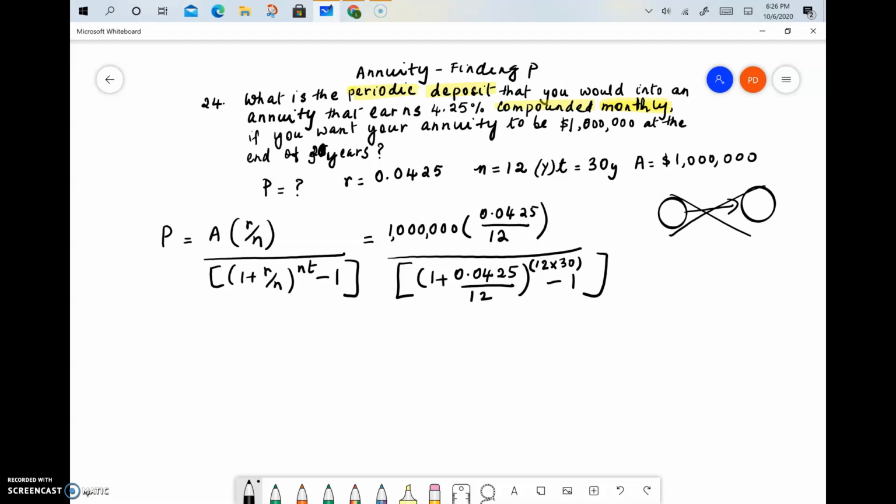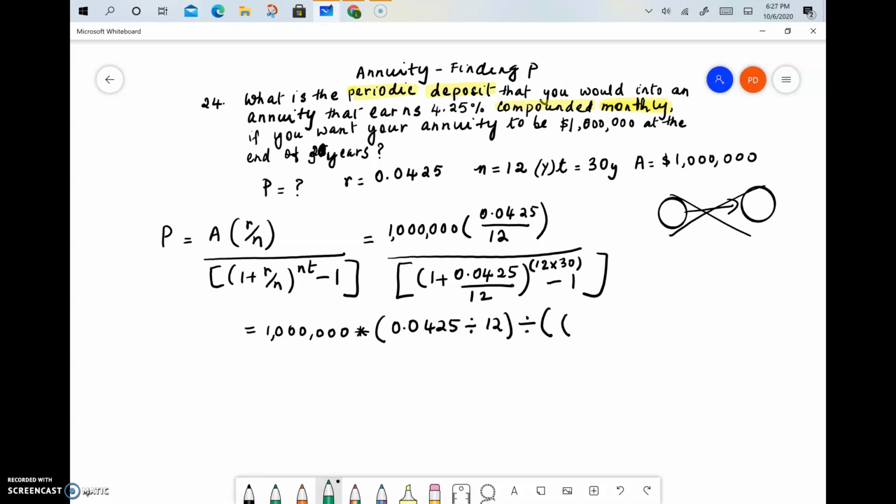Now all we have to do is enter these numbers into the calculator very carefully. Make sure you put your parentheses. Every time you open a parentheses, close it. So you go 1 million. Make sure you're counting the zeros. A million has 6 zeros. Times, open parentheses, 0.0425 divided by 12, divided by, open parentheses again.